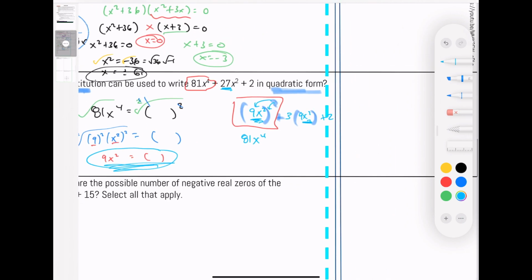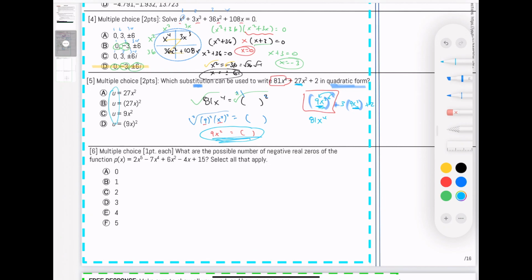And so what happens is if you take out the parentheses with, say, a substitution of u's, you would have u squared plus 3u plus 2. And then you can just solve this with a quadratic like. Does that make sense? But your answer for that one is, pay attention, 9x squared, which is C.